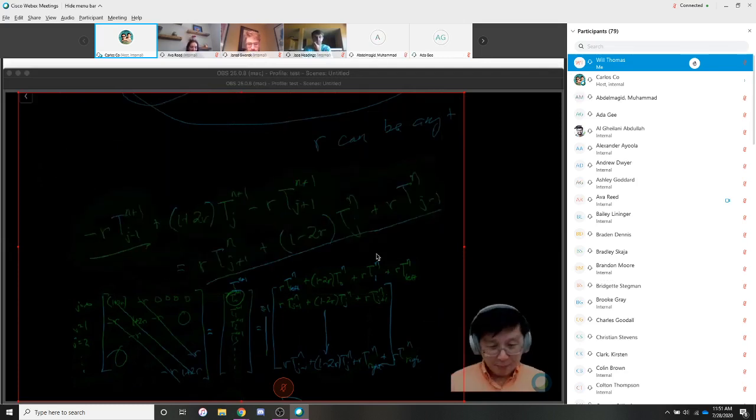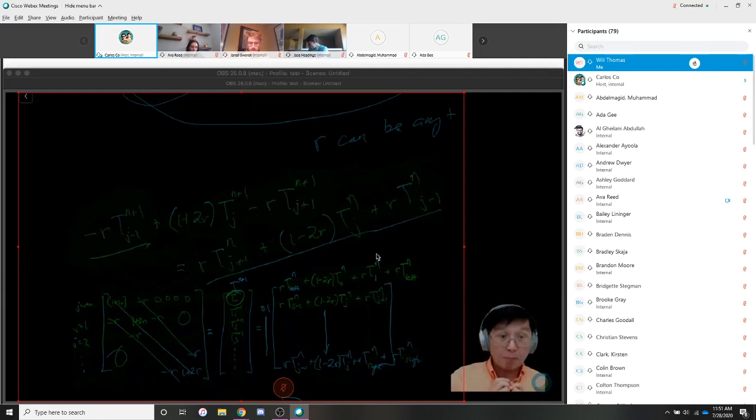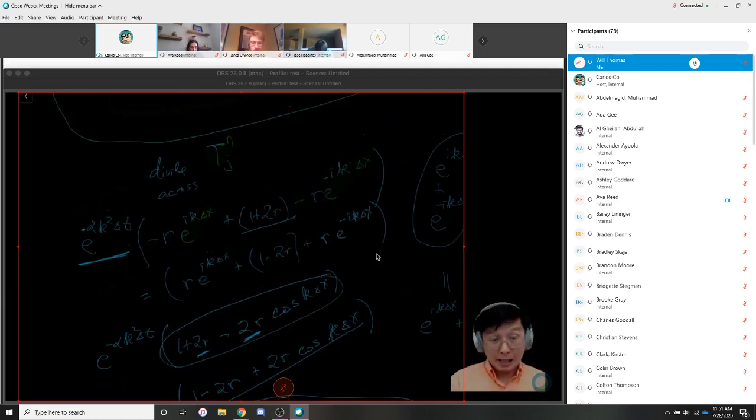So this expression here is what we get when we do a little bit of algebra combining terms. At the end of the last class, we did our usual stability analysis approach, where we substituted a solution of the type exponential e to the alpha k squared t, exponential i k x.